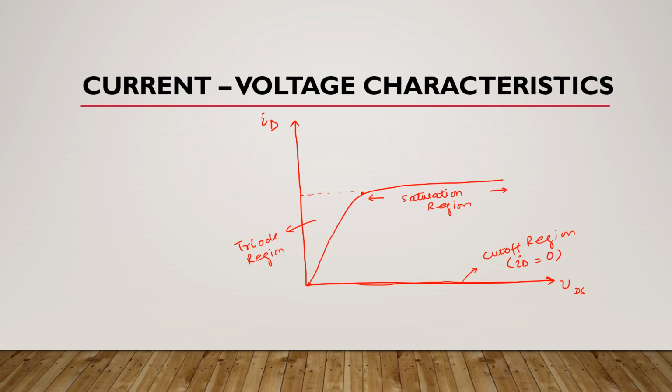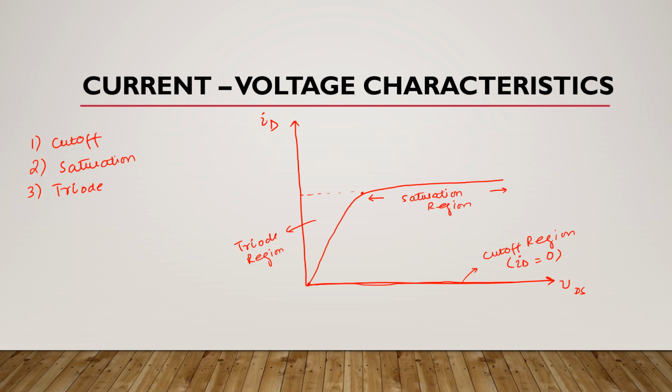It means MOSFET has three regions of operation. First region is cutoff, second region is saturation region, and third region is triode region.